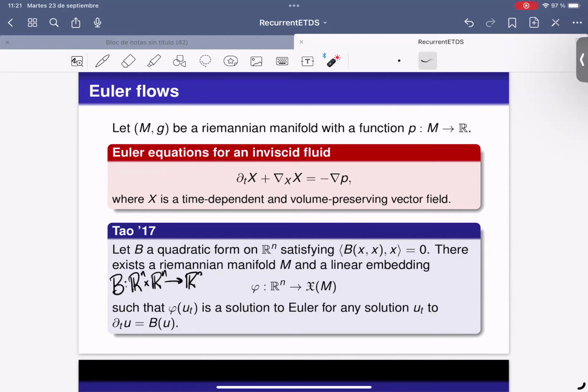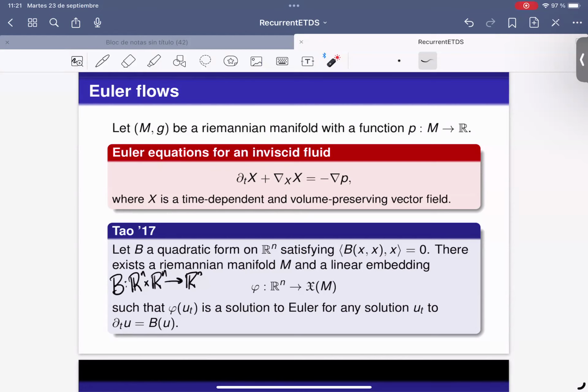The only thing that is not so split is the metric. Here I'm lying, because it's a solution to Euler for a certain Riemannian metric, and the metric is somehow handcrafted and constructed using partitions of unity. It's understandable. There is a formula, but the formula depends on some partitions of unity, some extensions.